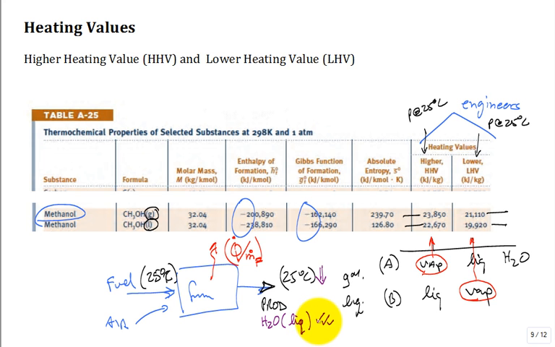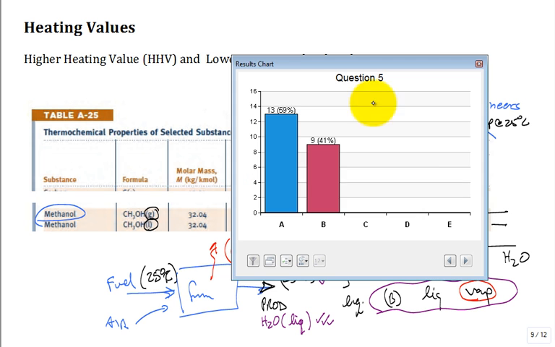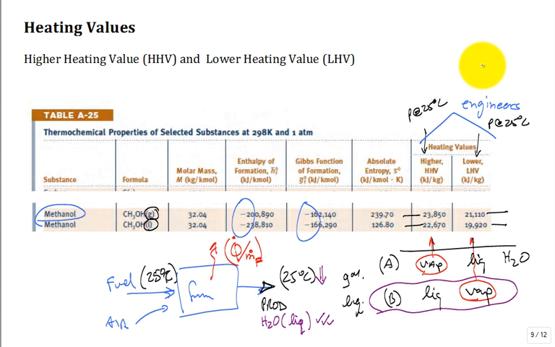So the highest of the heating values, the higher heating value, will mean that the water goes out in the liquid state. All right, so if it goes out in the vapor state, it's a higher energy for that product going out, and so you get a lower heating value.